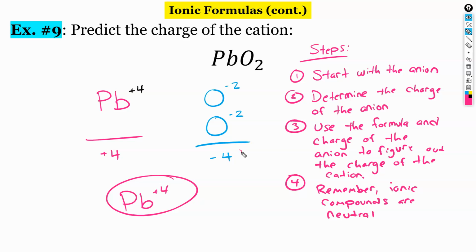So our last step is we want to make sure that these cancel out. Okay, and that is how you work with ionic compounds. So much fun. All right, good luck and have fun working on the practice for these.